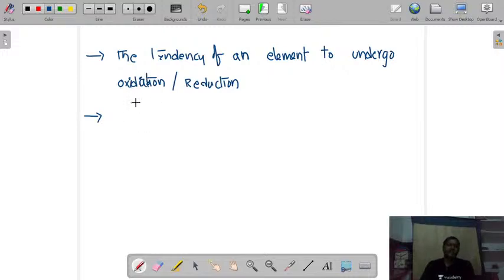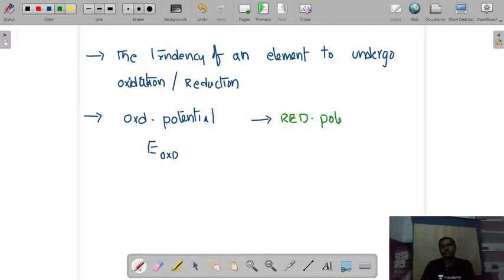Tendency of an element to undergo oxidation is called oxidation potential, denoted by E oxidation.